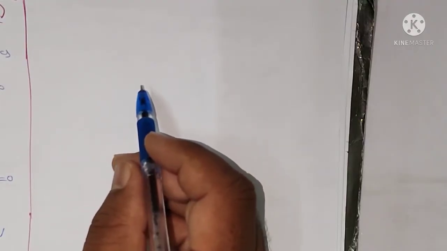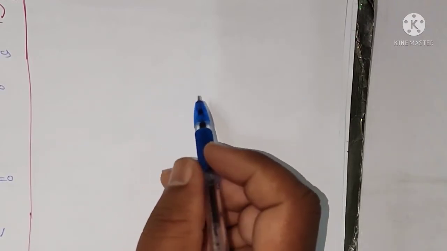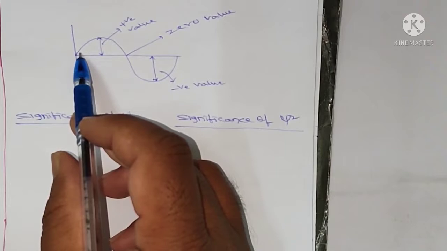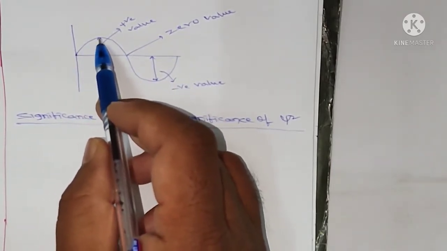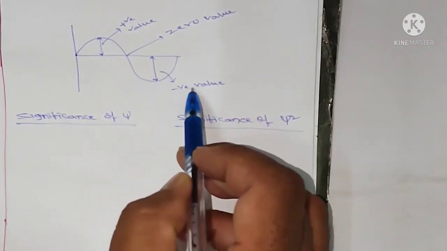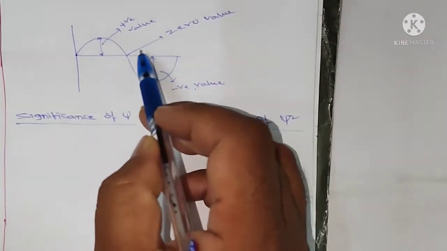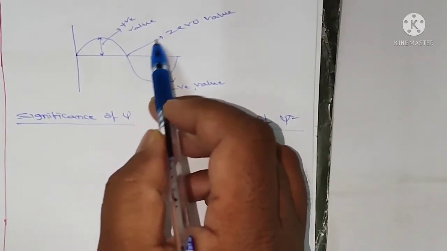And let us discuss the significance of psi and significance of psi square. So this is the wave. Above the axis the value is positive and below the axis the value is negative, and at crossing the axis the value is 0.